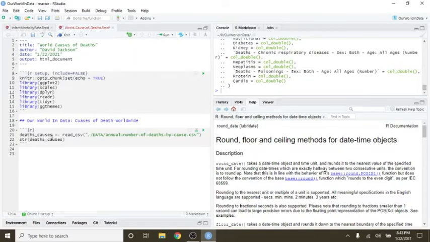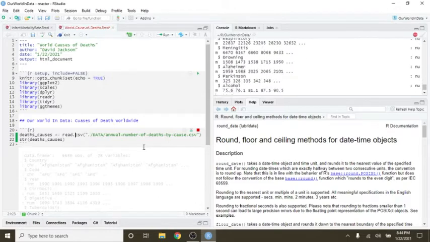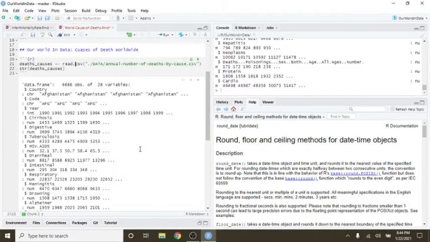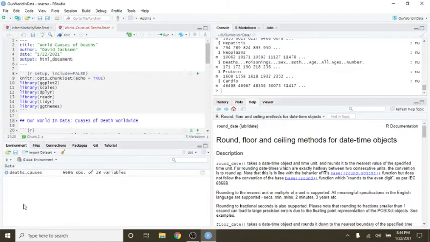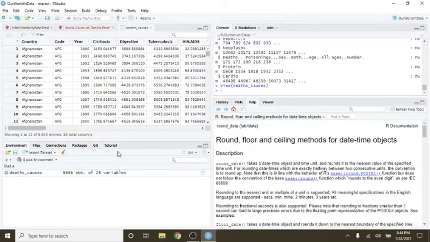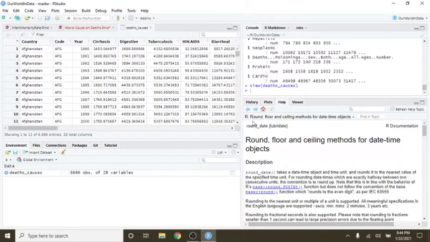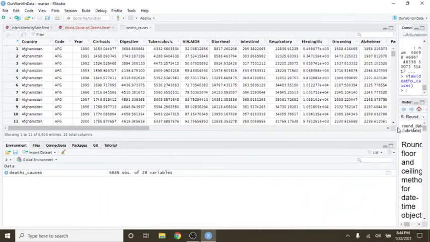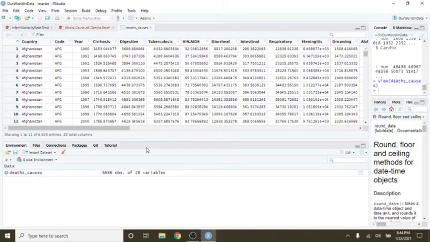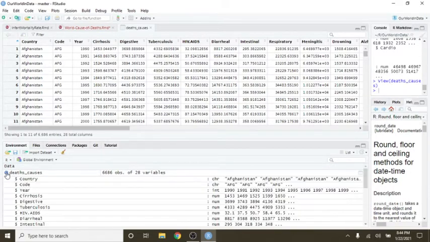You know what? I don't like the way that works. Let's just do a basic one. Okay, so let's come over here now. This is the causes. Now we know we got this disease here, okay? Now, let's make sure that year is integer. Okay, good.